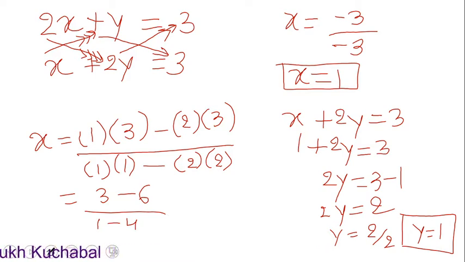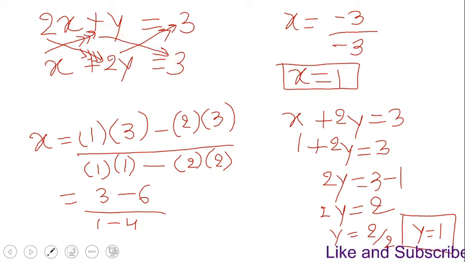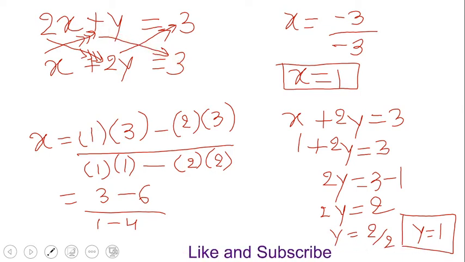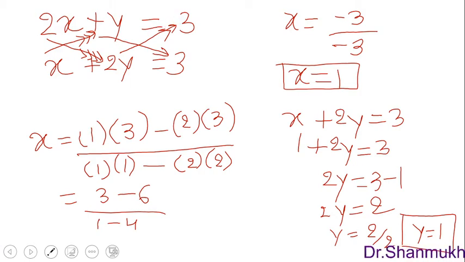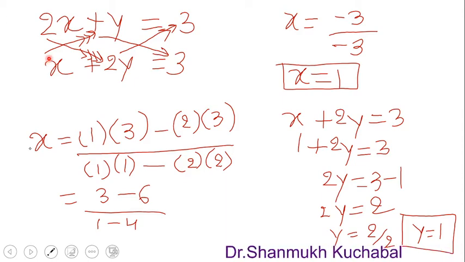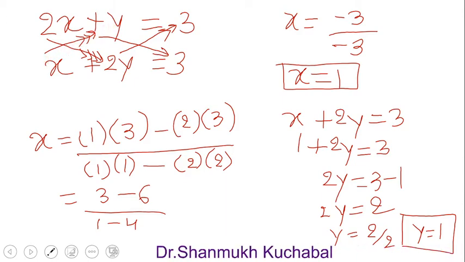So what we have done: the y coefficient is multiplied like this, left to right multiplication. Then the second step is we have to introduce minus, then cross multiply in the next direction. So we get 2 into 3 in this way. Next, the third step, the x coefficient is multiplied like this.